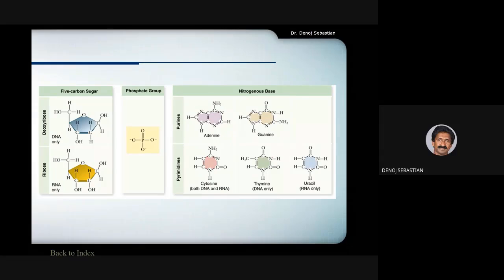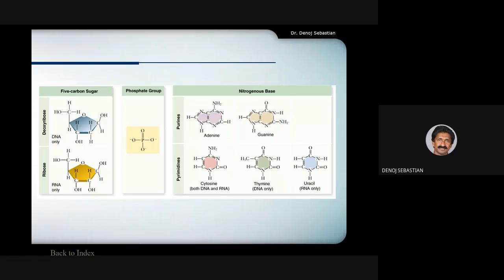I'm placing the question in front of you: why is the 2-OH group of the deoxyribose removed in the DNA, and why is the uracil of RNA replaced by thymine in DNA?